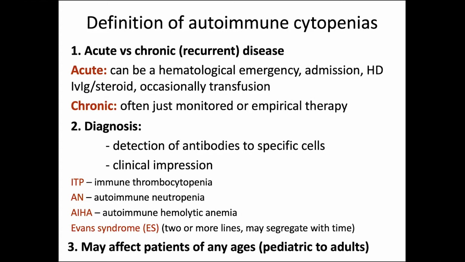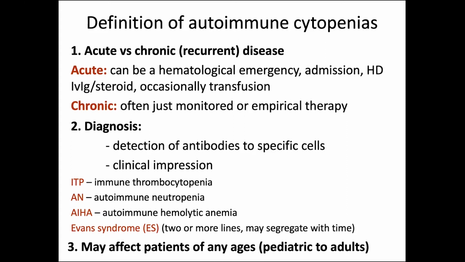In the case of an acute hematological emergency, patients would get high-dose IVIG that can completely blur the picture of the presence of autoantibodies. And if the patient responds to high-dose IVIG, it can often convince clinicians that the patient truly has an autoimmune process.